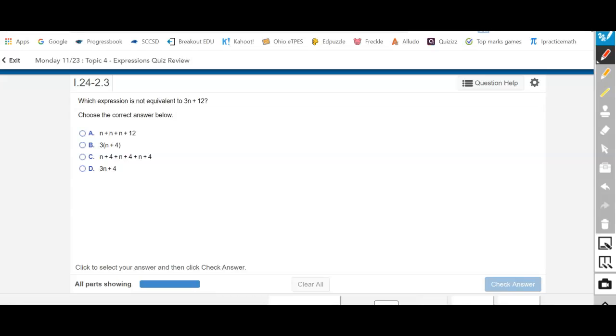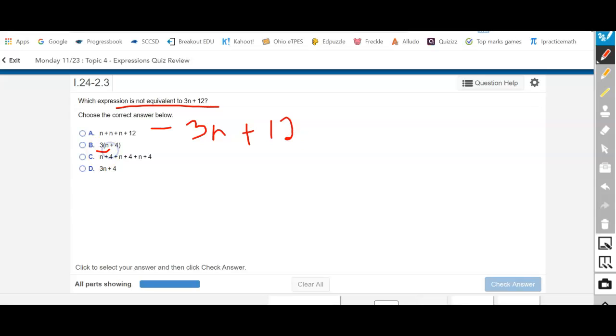We are going to say which one is not equivalent to 3n plus 12. So let's first just simplify each one and see what you get. N plus n plus n, there's 3 n's there, plus 12, so that one is equal.